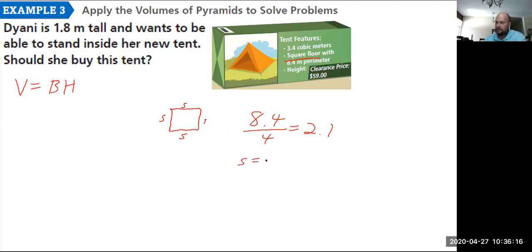So S is 2.1. Now we know that the volume, as stated on the package, is 3.4 cubic meters. We know that the base area is 2.1. We do not know the height. The only thing we have to do is divide off the 2.1.